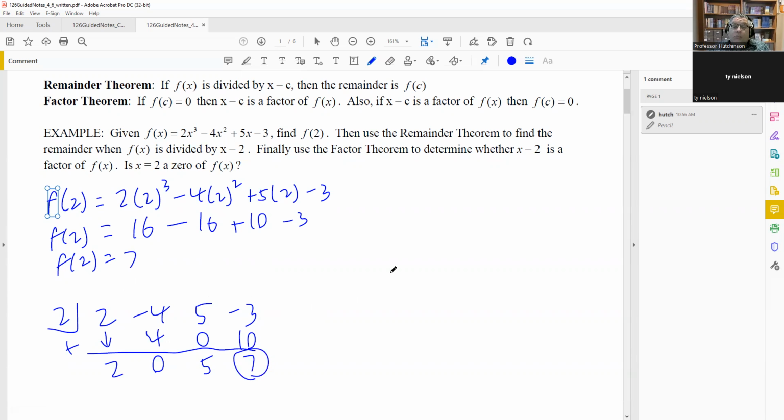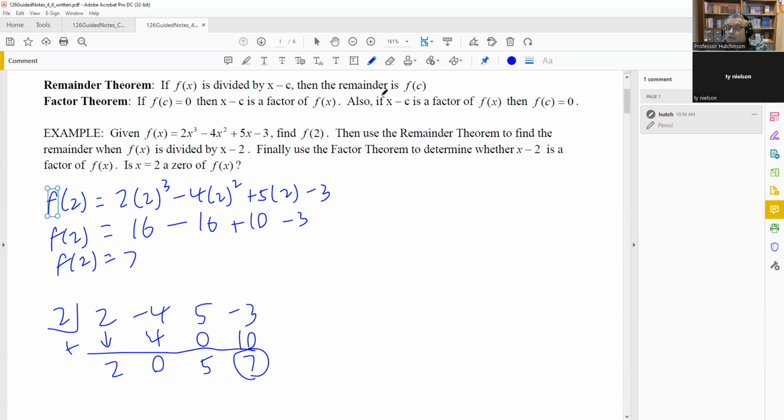Notice that the remainder that we got by using synthetic division, so basically the number we had in the parentheses, was the same number we put inside the box here. So notice that I got exactly the same result. When I did synthetic, I got 7, but I also got 7 by doing it the long way. That's actually what the remainder theorem says to do.